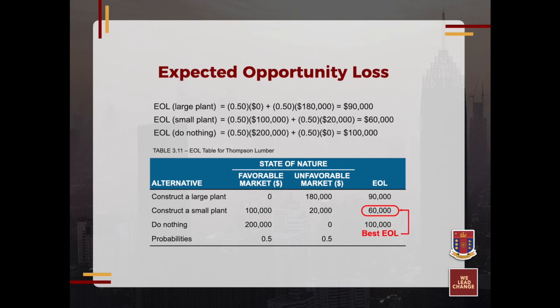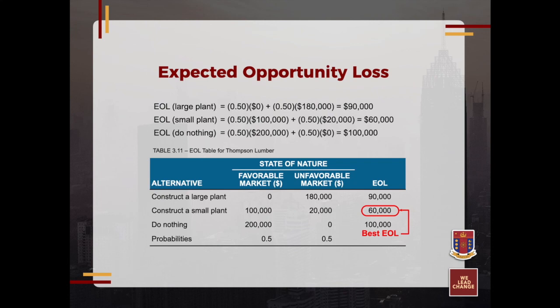So for constructing a large plant, we have 0 multiplied by the probability, that is 0.5, plus 180,000 multiplied by 0.5, which gives you $90,000. And then for a small plant, we have $100,000 multiplied by the probability of 0.5 plus $20,000 multiplied by 0.5 equal to $60,000.